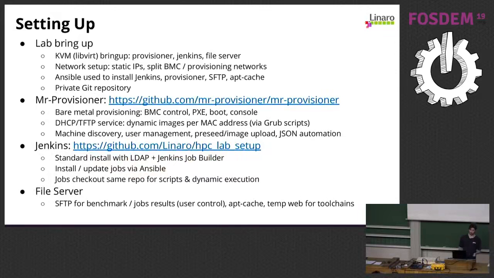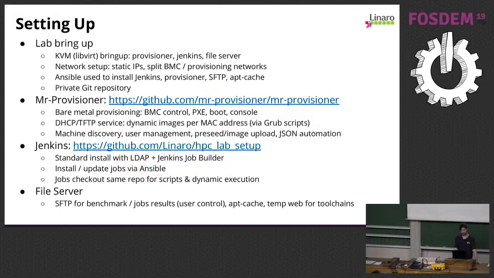For the network setup of this administration part of the lab, we use static IPs. We have two different networks. Because we use bare metal servers, we have the BMC network, which is used to administer all those servers, reboot them, and in general access the IPMI SOL.